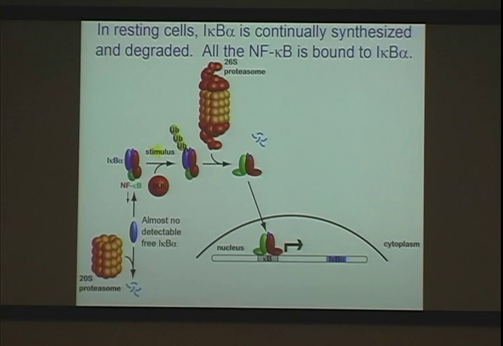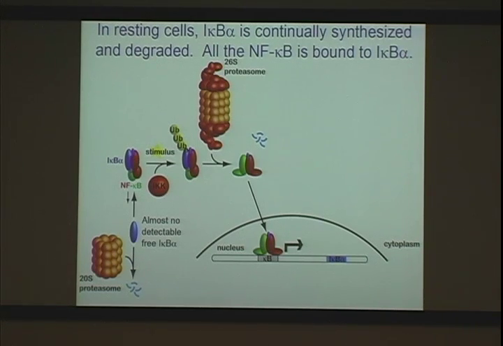In case you're not familiar with what IkBα does, it actually holds the transcription factor NF-κB in the cytoplasm. It does this by sequestering the nuclear localization signal that's present at the C-terminus of one of the heterodimeric partners of the NF-κB transcription factor.